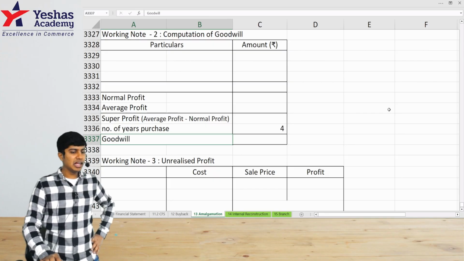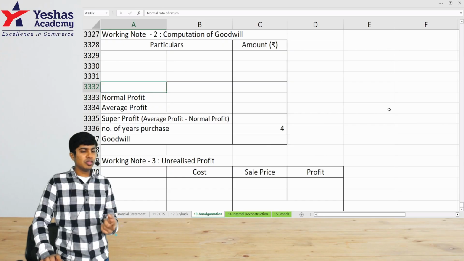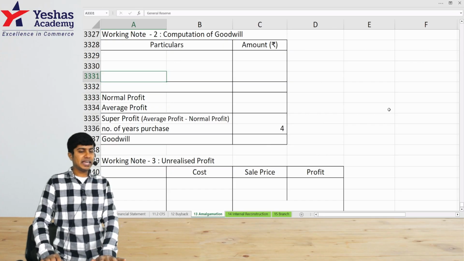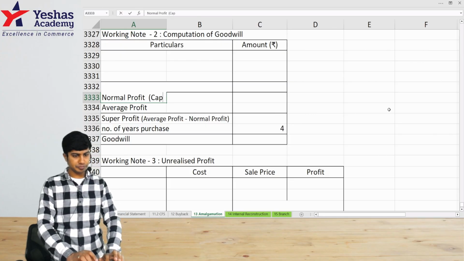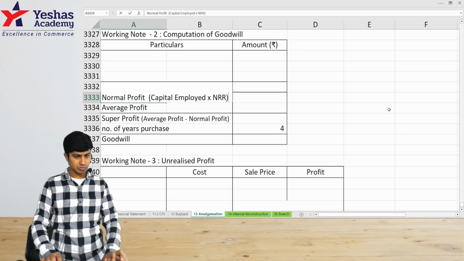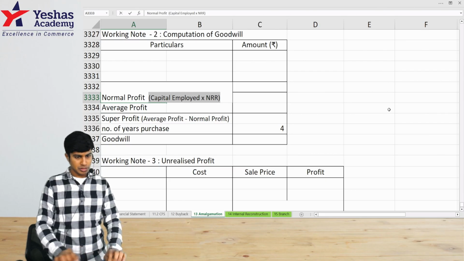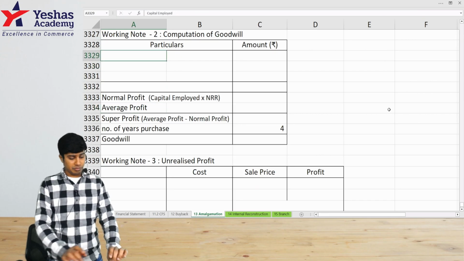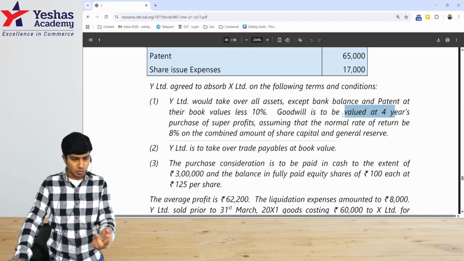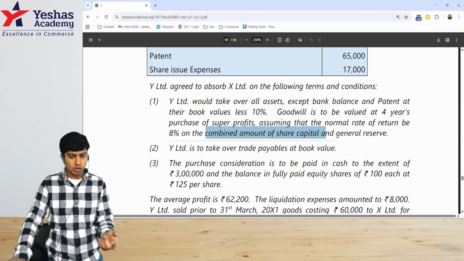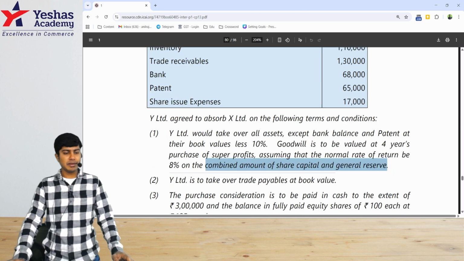When I multiply it by 4 years purchase, I would get goodwill. Did everyone understand? How do we get normal profit? Normal profit is found as capital employed multiplied by normal rate of return. In the question, they've told capital employed is the combined amount of share capital and general reserve.